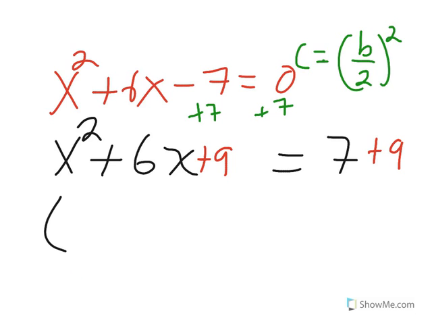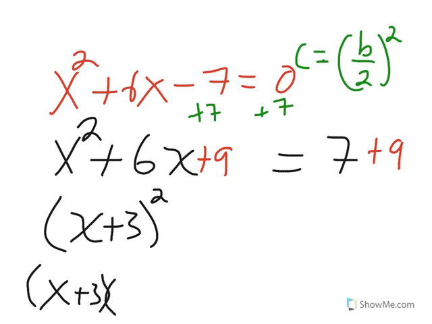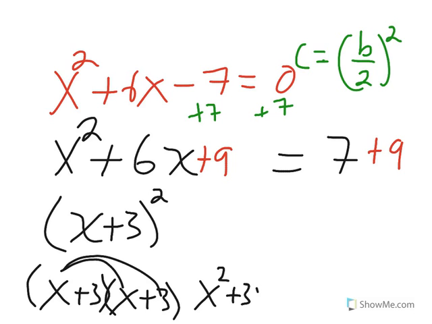I will then say that this is x plus 3 quantity squared, because if I FOIL that out, it's going to give me x squared plus 3x plus 3x plus 9, and then I'll just solve for that. And then when I combine terms, I get 6x. So it's going to be x plus 3 quantity squared is equal to 16.